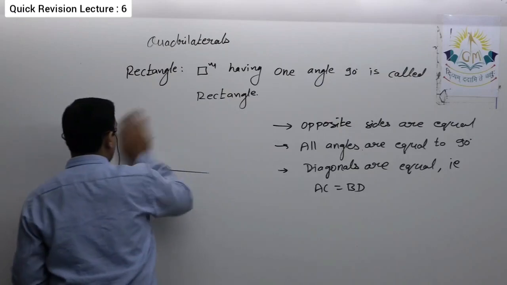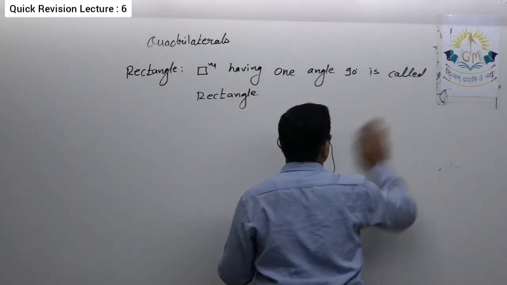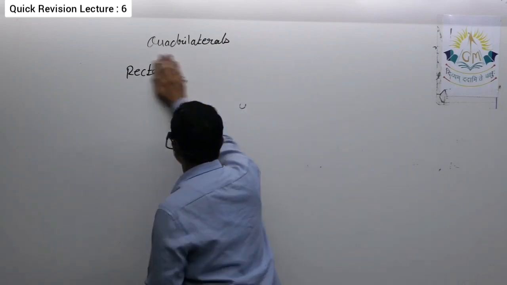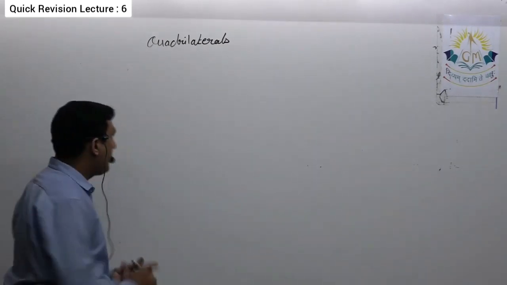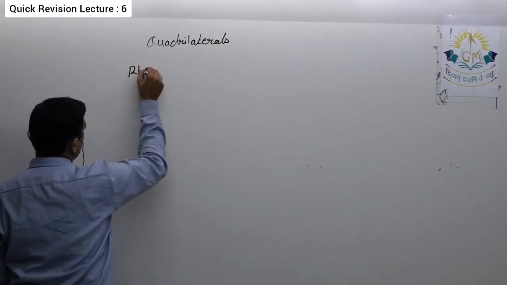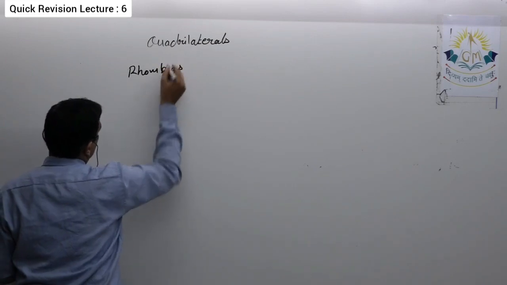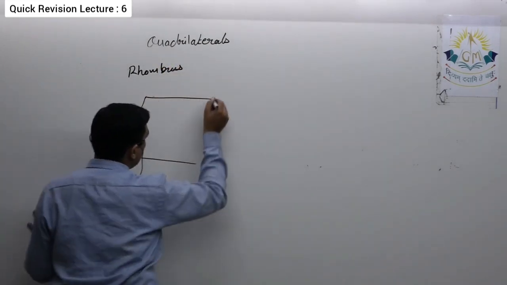Okay, next we will see the properties of the rhombus, and then we come to the square. Rhombus. So something like this is the diagram of the rhombus.